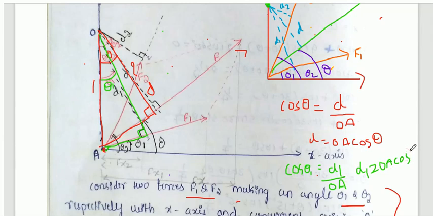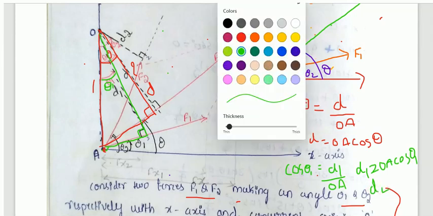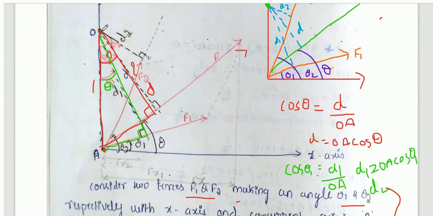Similarly, we need to find D2 by considering another triangle here. I will highlight it, this triangle. This is 90 degrees, and this inclination is theta 2.